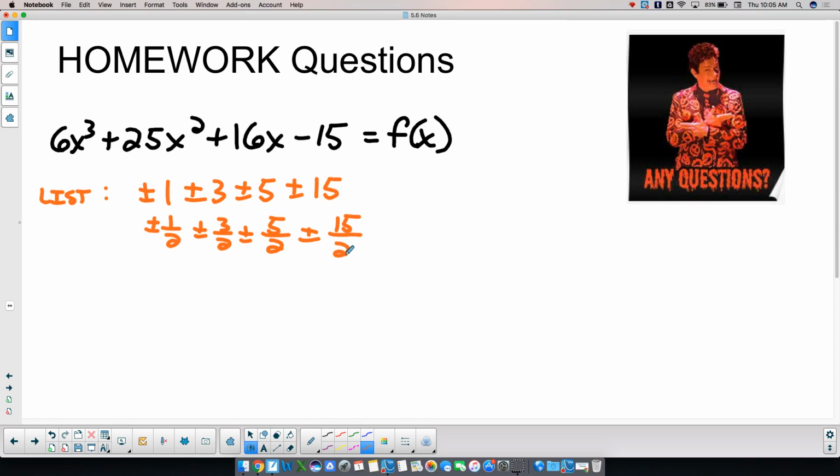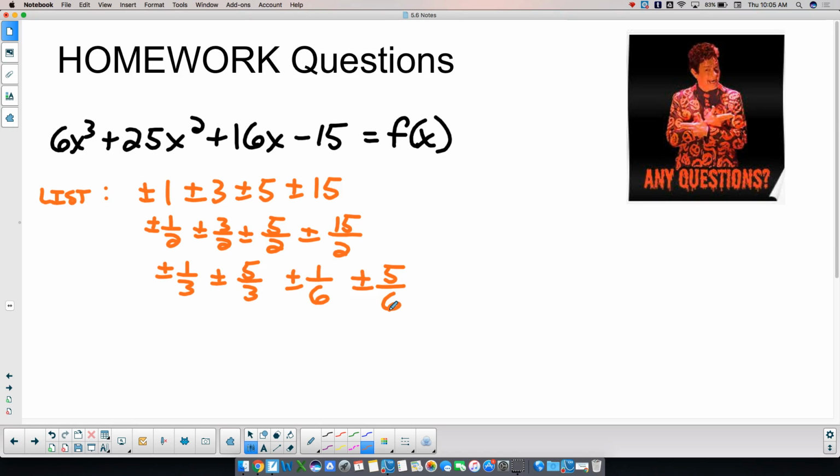Then I go by 3: 1/3, 1, 5/3, and 5. Then I go by 6: 1/6. 3 divided by 6 is 1/2, I already have that one. 5/6. 15 divided by 6 is 5 halves, I already have that one. So there's my list. It narrowed it down, yes, but it narrowed it down to 24 possible ones.